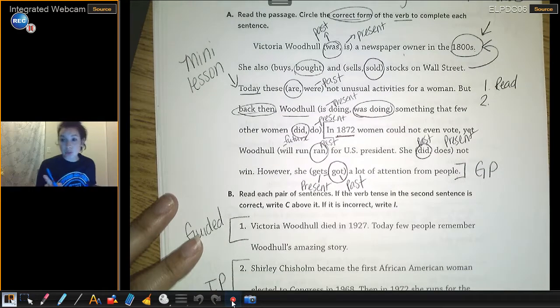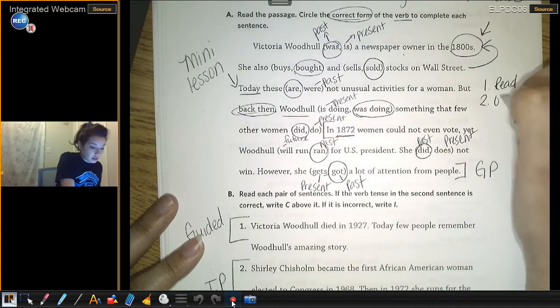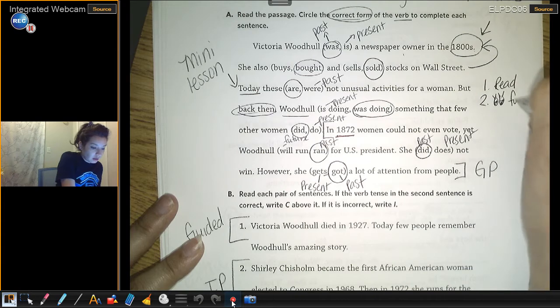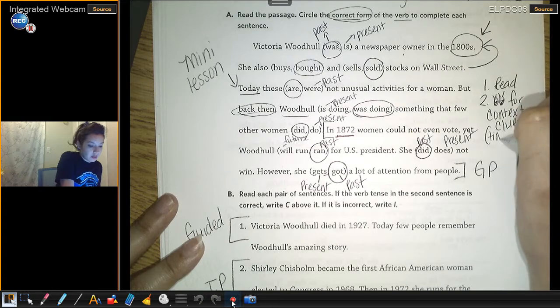Number 2, you want to look for context clues, such as time words, right?